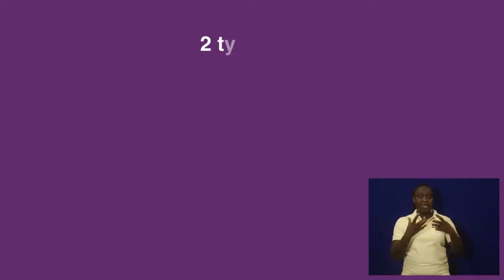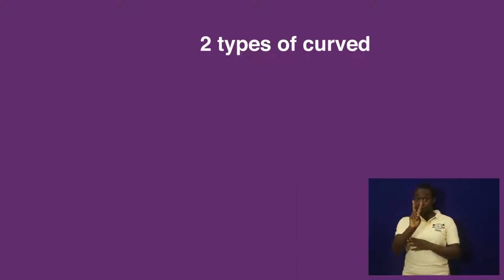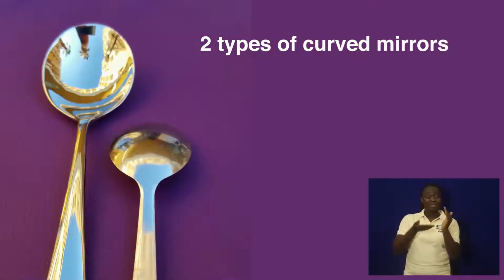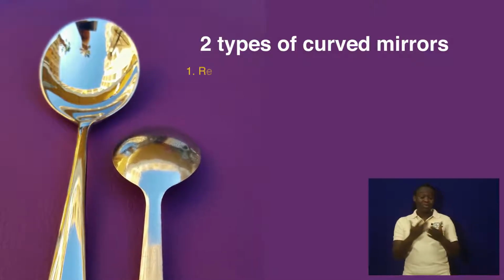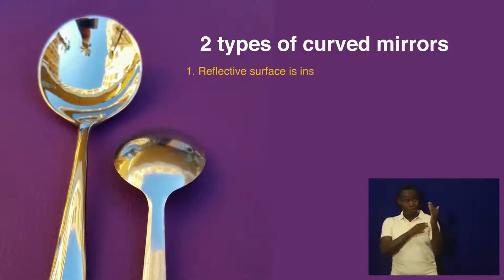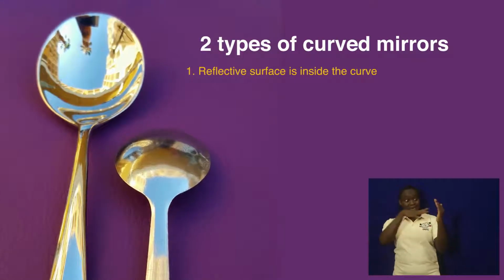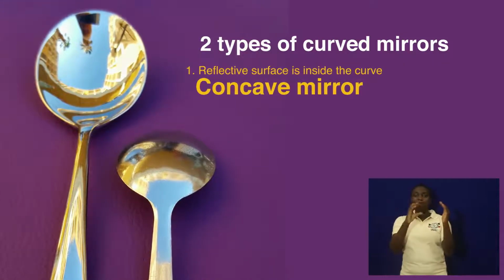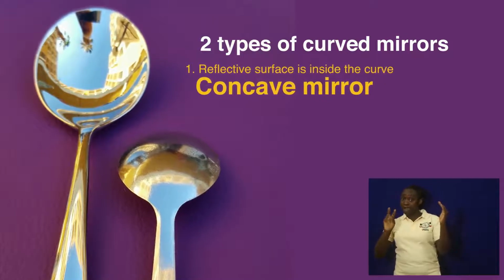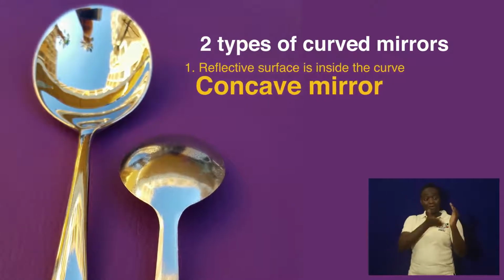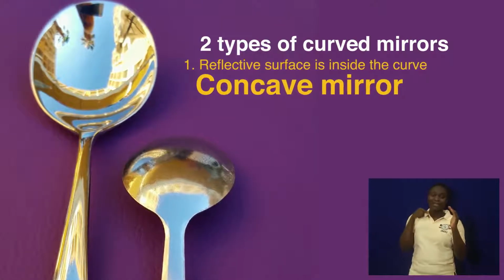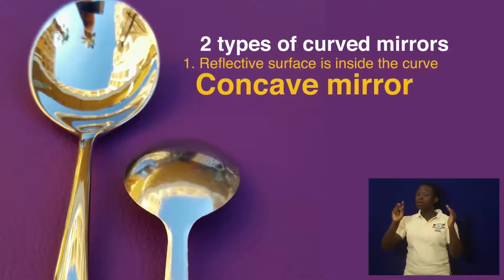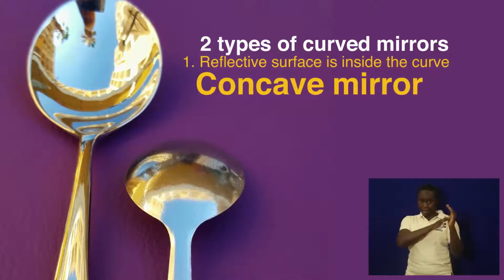So what do we mean? That we have two types of curved mirrors. The one where the reflecting surface is inside the curve is called the concave mirror. Let me repeat. The one where the reflecting surface is inside the curve is the concave mirror.